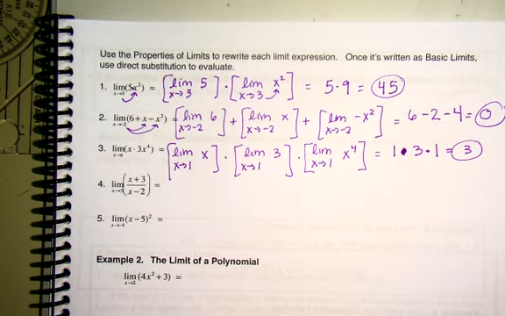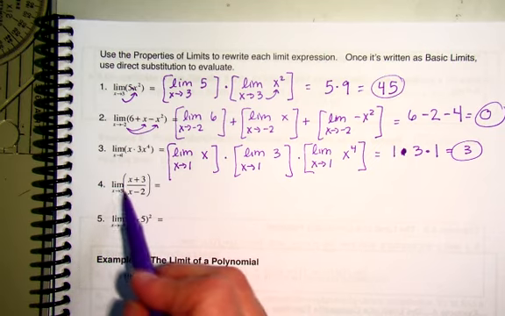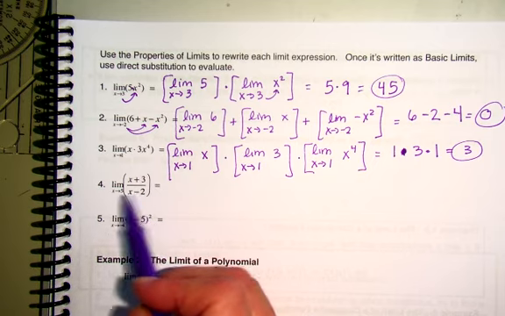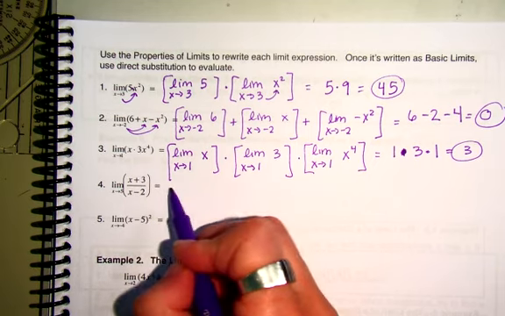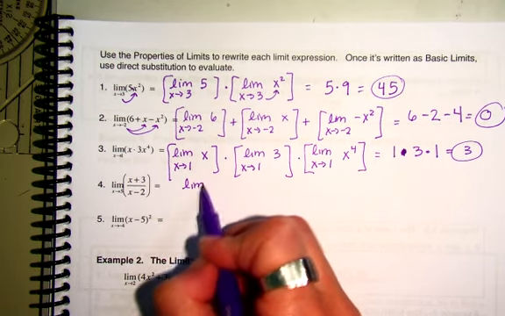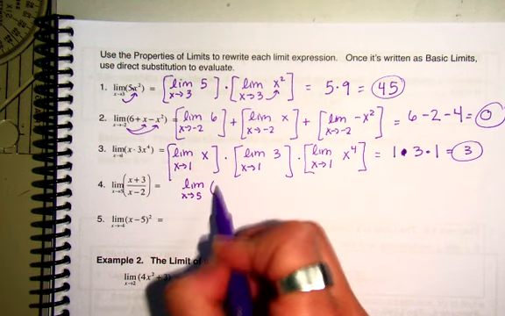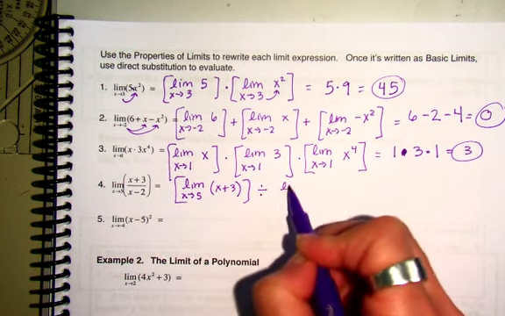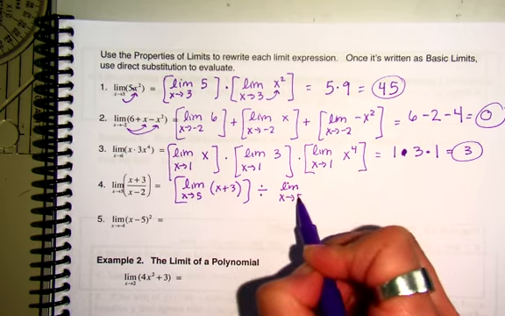For this one, notice that whenever it's a quotient, you want to double check that denominator. If I plug in 5, it would not make my denominator equal to 0, so I'm okay. All right, so then this one would split up into the limit as x approaches 5 of my numerator divided by the limit as x approaches 5 of that denominator.